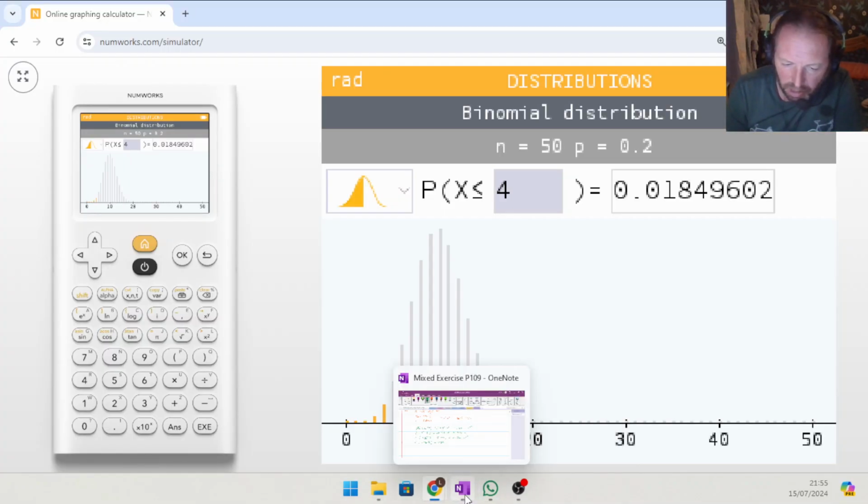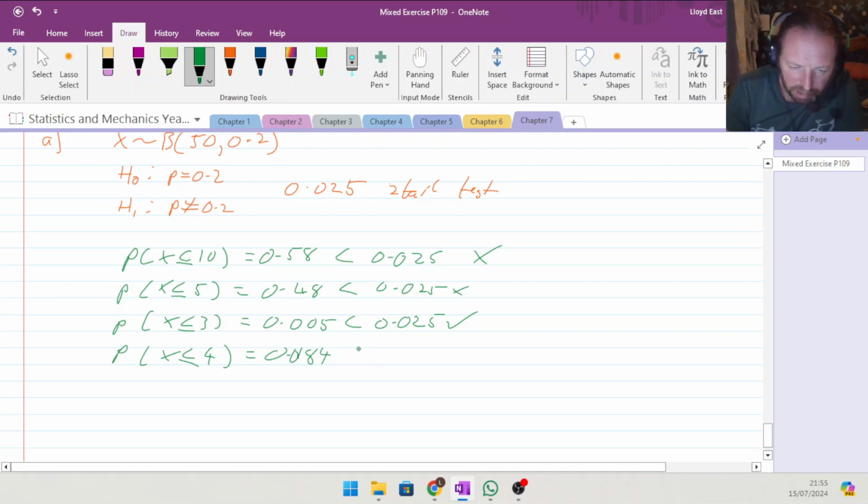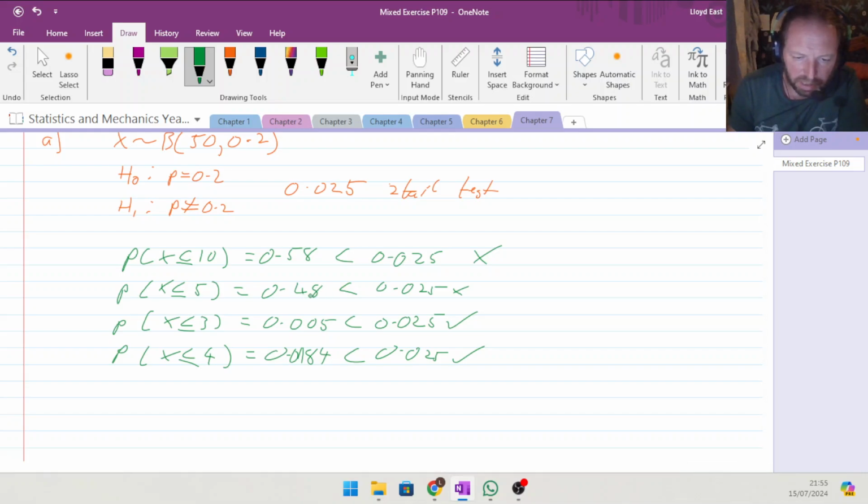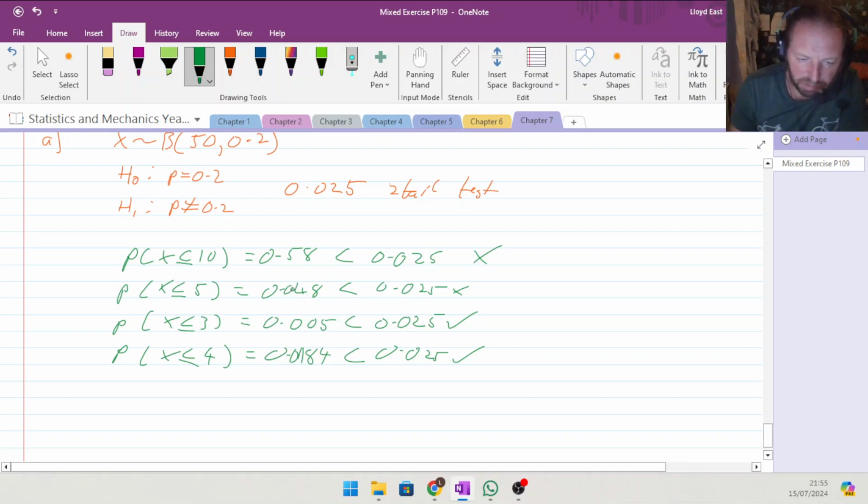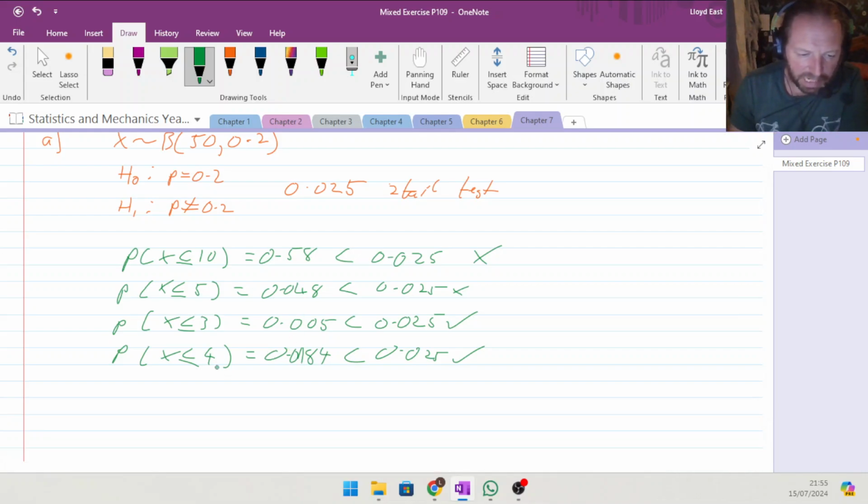Yes. Okay, so that one is also good. So that looks like a good mark there for us. It is closer than the 0.048, that was 0.048, wasn't it? So we're going to go with that as a lower bound of a critical region.